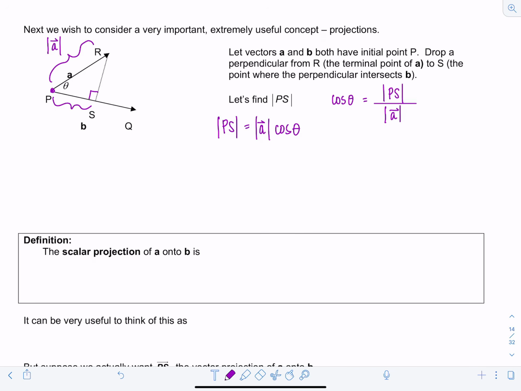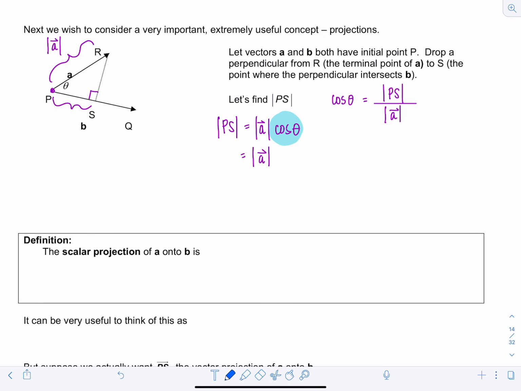Now think back to what we just talked about, that corollary involving the dot product. We know that cosine theta is equal to the dot product between the two vectors that contain that angle divided by each of their magnitudes. So I'm going to replace cosine theta here with the definition from the corollary.